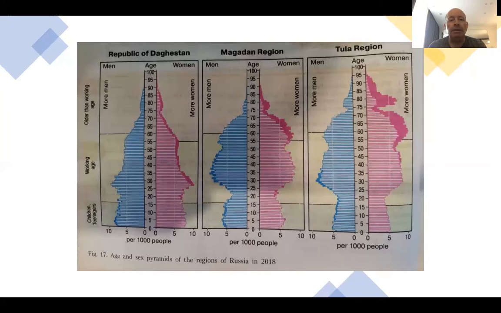And then the population pyramid tapers quickly above working age. So again, there are relatively fewer older people in Dagestan than in Russia as a whole. And the reason for this is that Dagestan is a less economically developed area of Russia than the others that we've looked at. So it is much less economically developed than Russia as a whole.